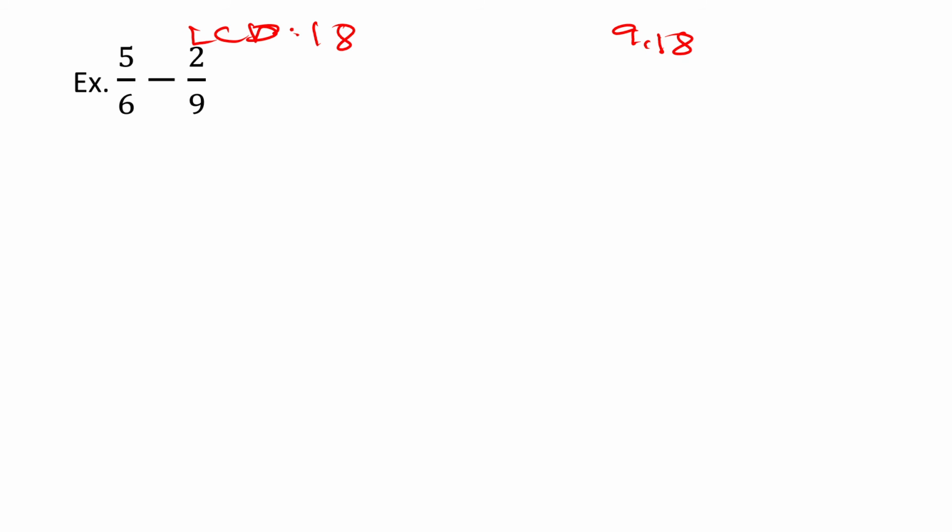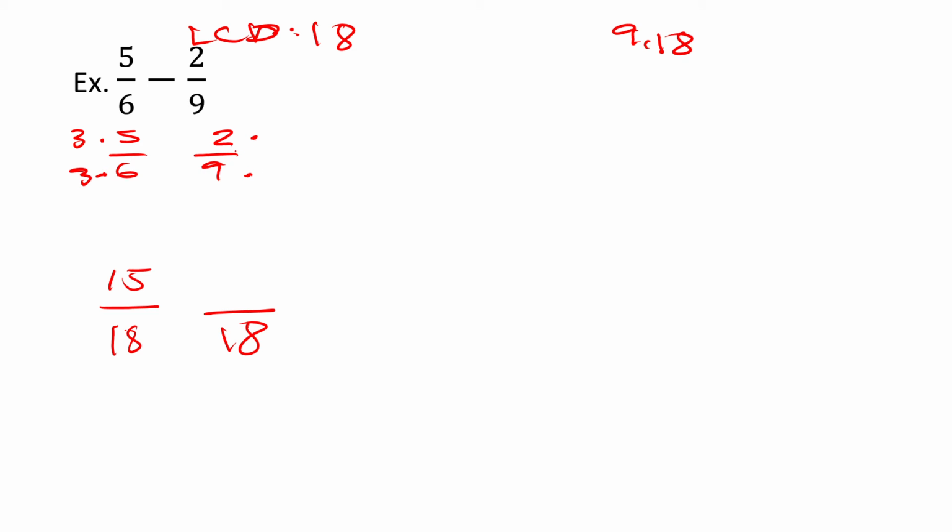Now we move on. Our goal is, again, we want our denominators to be 18. So we have 5 over 6 and 2 over 9. For 5 over 6, the number we need to multiply to 6 is going to be 3. So we also multiply the numerator with 3. 3 times 5 is 15. 3 times 6 is 18.